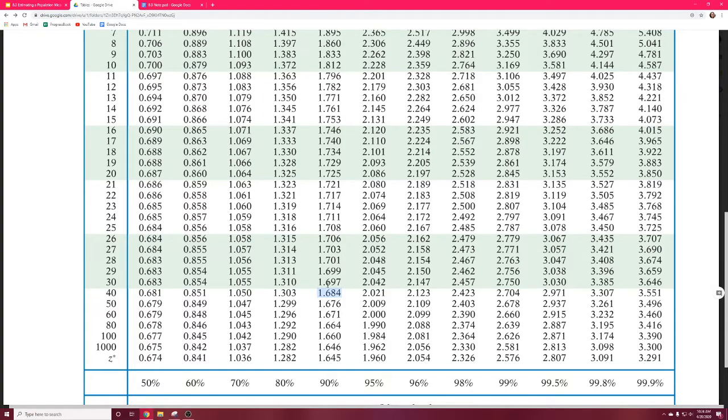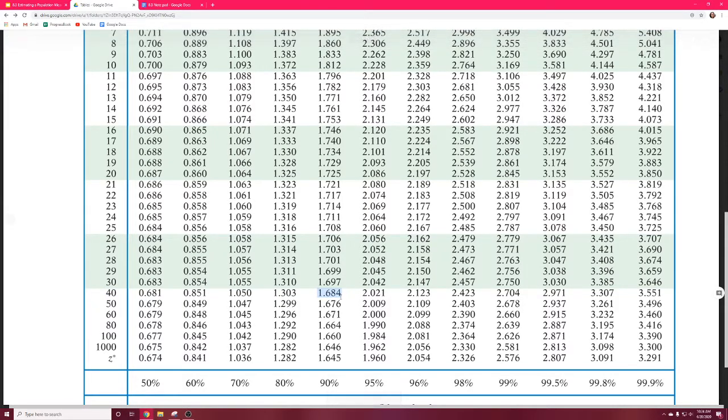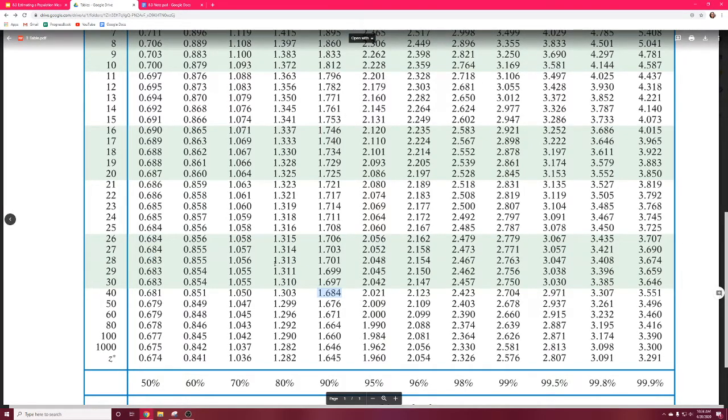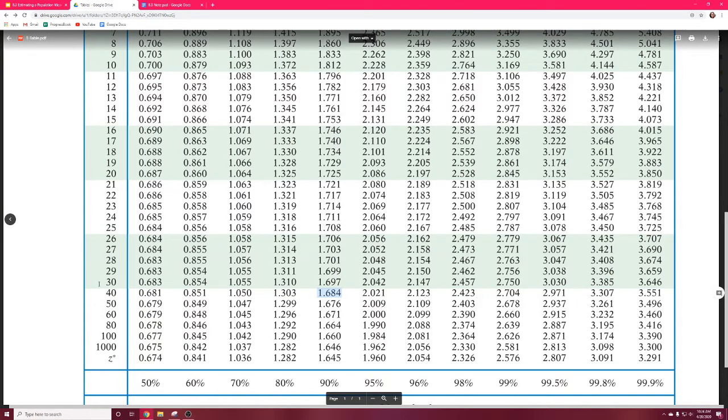For example, if we have 47 here, we look at 40, since 40 has a bigger t star value. I don't know if that makes sense, but just make sure you know that if you cannot find your degree of freedom in the table, you always go by a lower degree of freedom. Since we had 47 but cannot find it, we go for 40.